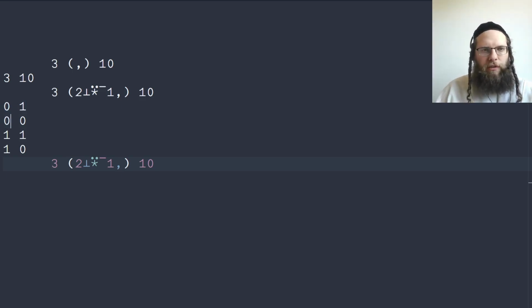A 0 on the left and a 0 on the right, that is also okay, because it doesn't matter if there is more state than what we are querying. A 1 on the left, a 1 on the right, that is also okay, but a 1 on the left and a 0 on the right, that's not okay, because that means we're querying a bit and the bit isn't set, so the answer is no. Our requirements haven't been met.